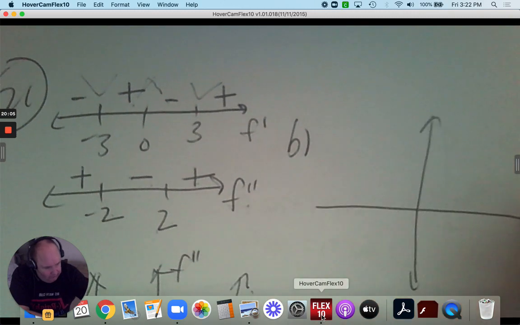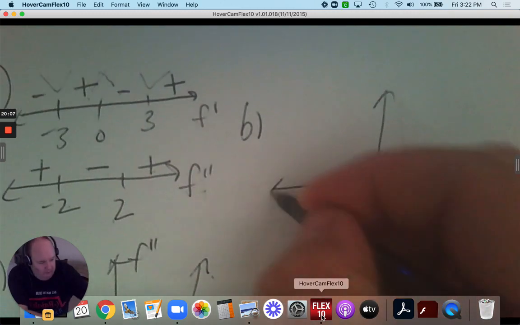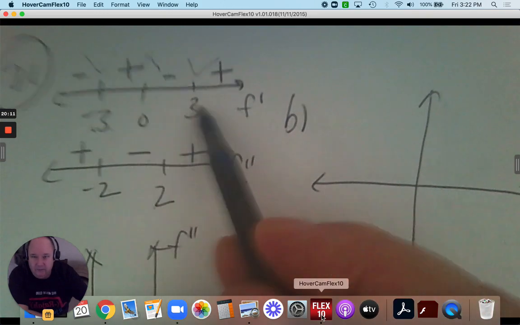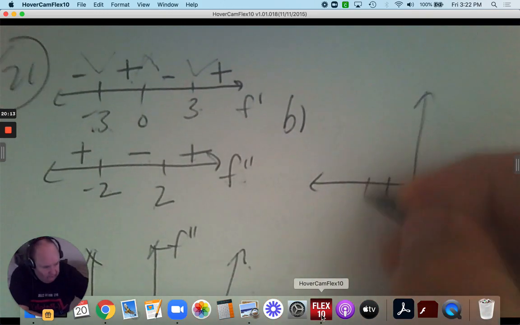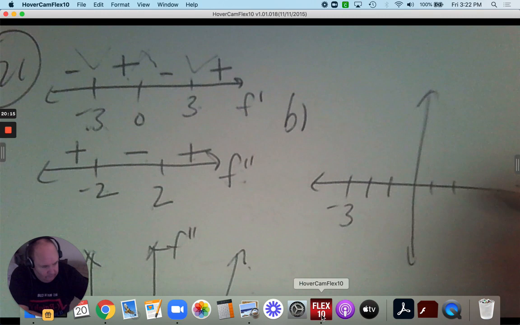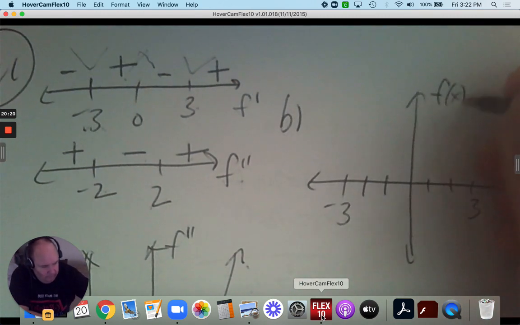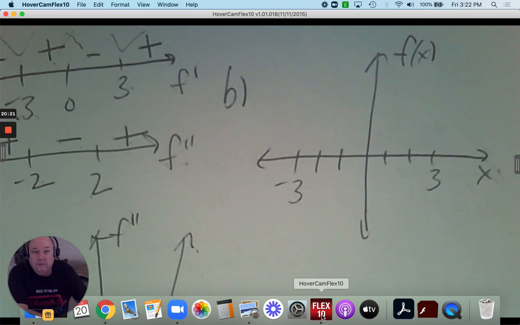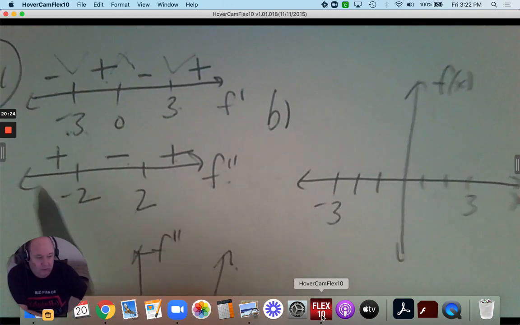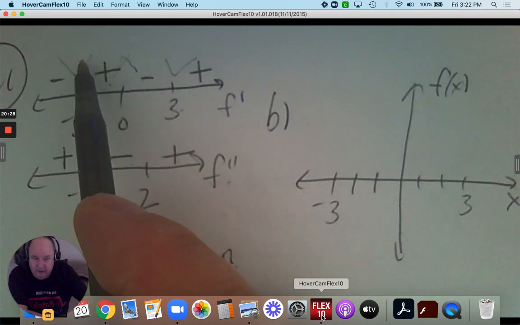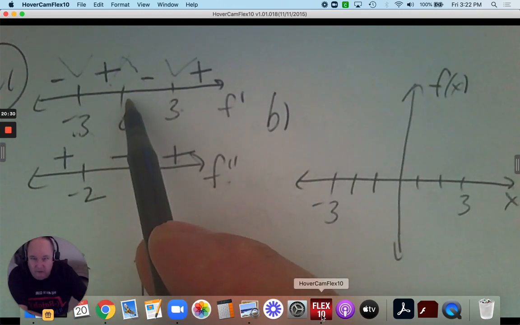For this one, I need to count from -3 to +3 at least. Now, what things am I looking for? So notice here I labeled some things. At -3 is a minimum. At 0 is a maximum.